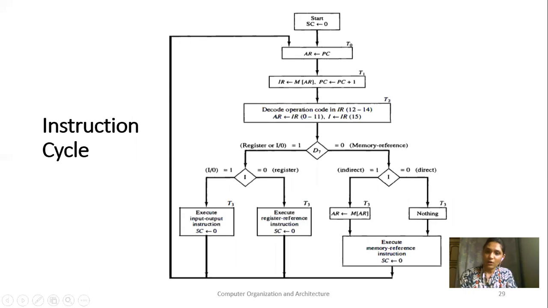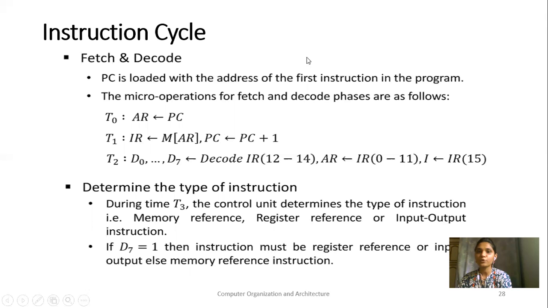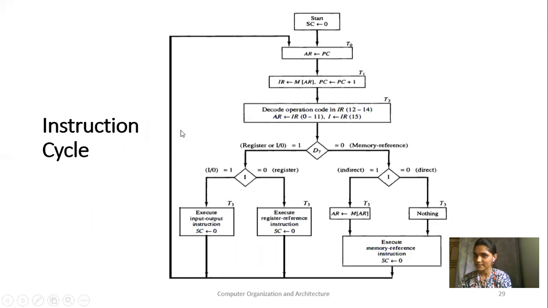Okay, now let me see it in terms of timing signals. For starting, your sequence counter will be 0. For the first timing signal T0, you will put the program counter into the address register.